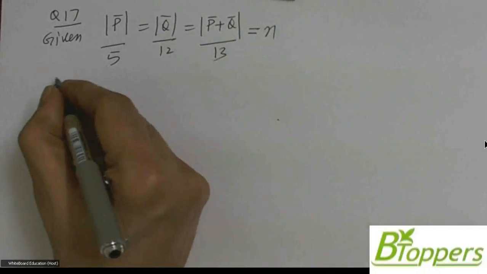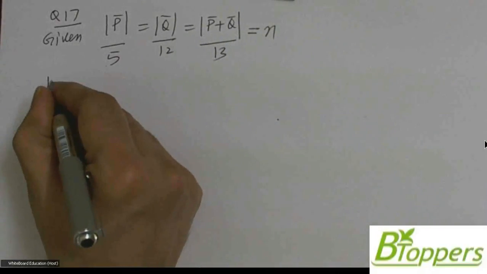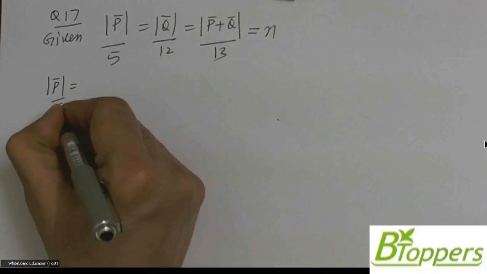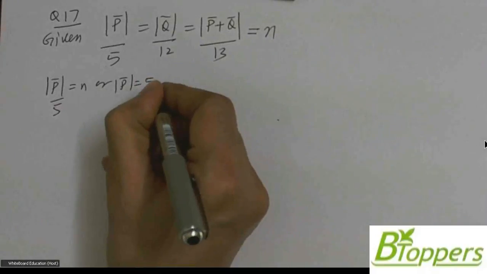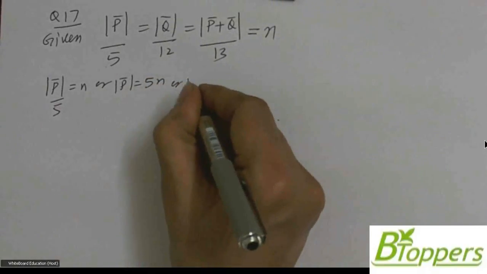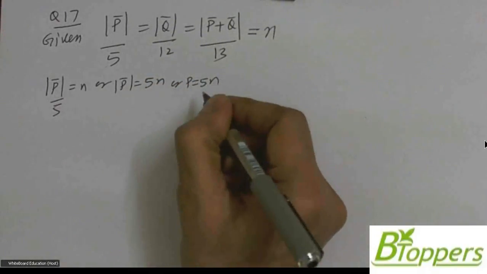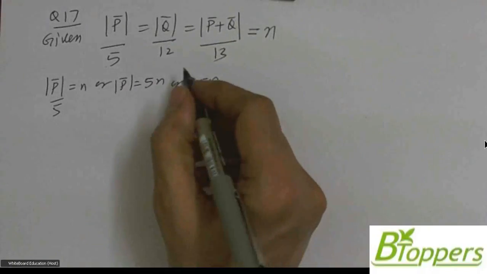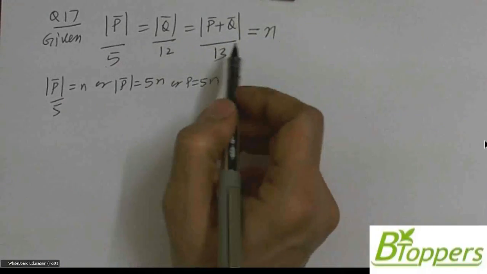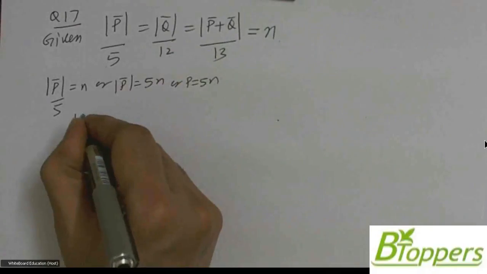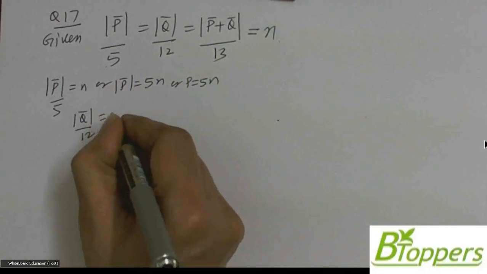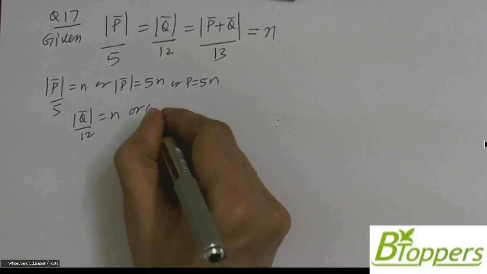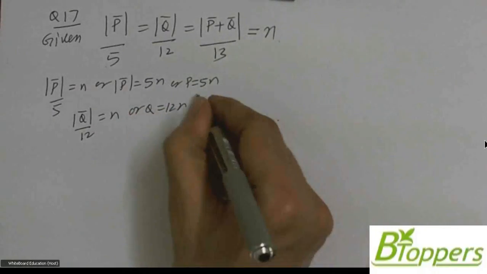So from the first and last, you can write magnitude of P bar by 5 equals N, or magnitude of P bar equals 5N, or P equals 5N. Similarly, by using the second and last, you can write magnitude of Q bar by 12 equals N, or Q equals 12N.